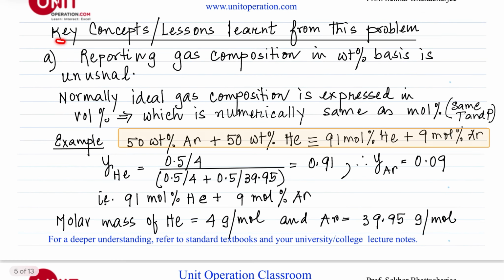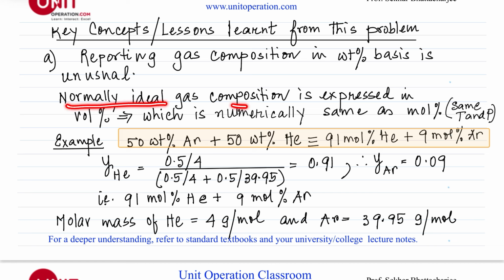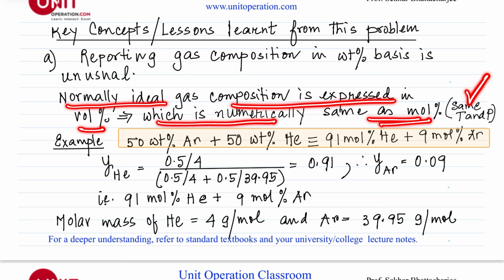What are the key concepts and lessons learned from this problem? First of all, reporting gas composition on a weight percent basis, which is the same as mass percentage basis, is unusual. Normally, ideal gas composition is expressed in volume percent, which is numerically the same as mole percent as long as we have the same temperature. I'll show an example. This is 50% argon and 50% helium.